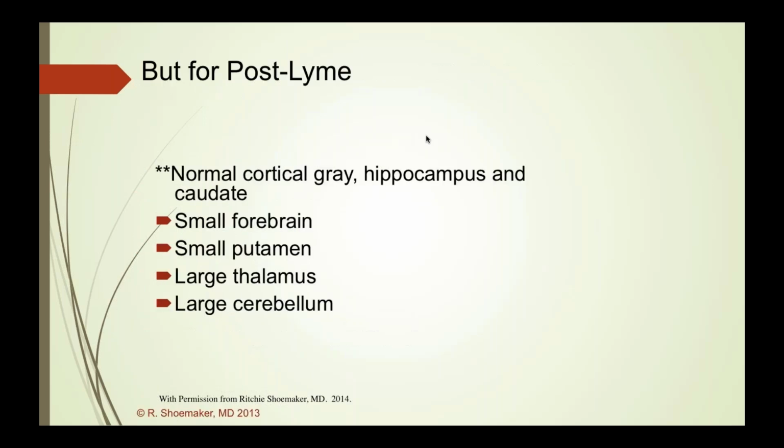But the cortical gray matter, hippocampus, and caudate are normal in post-Lyme, and we see a small forebrain in putamen. What's fascinating about this is that the caudate and putamen are contiguous structures in the basal ganglia, and the caudate shrinks in mold, and the putamen shrinks in Lyme.